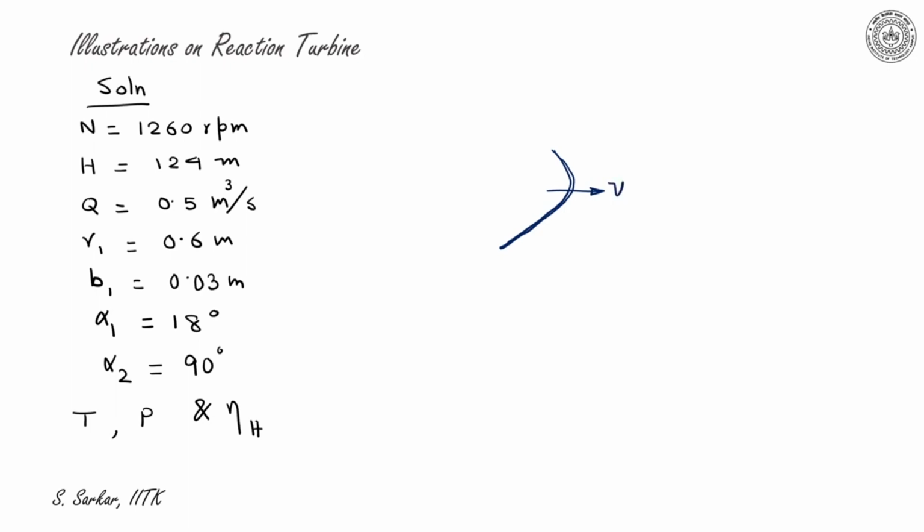So at inlet, W1 be the relative velocity, and W2 be the exit relative velocity. Thus, U plus W1 would be equal to C1.